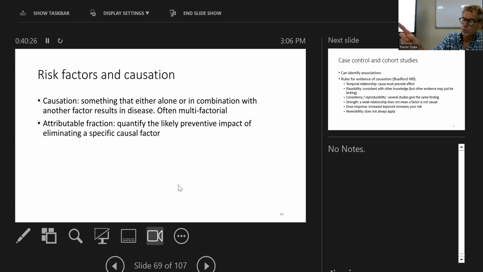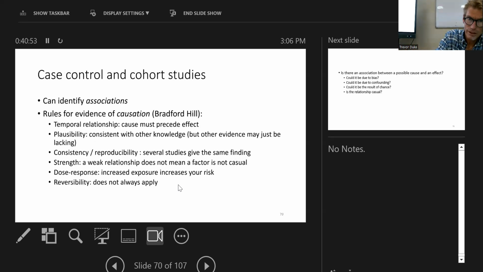But when you're following a cohort over a long period of time and making observations about various exposures, you're not sure that those exposures actually led to the disease, right? Sometimes when you see what seems like an association, you need stronger evidence. Both case control studies and cohort studies can identify associations, but to say it's a causation, you need to have some rules.